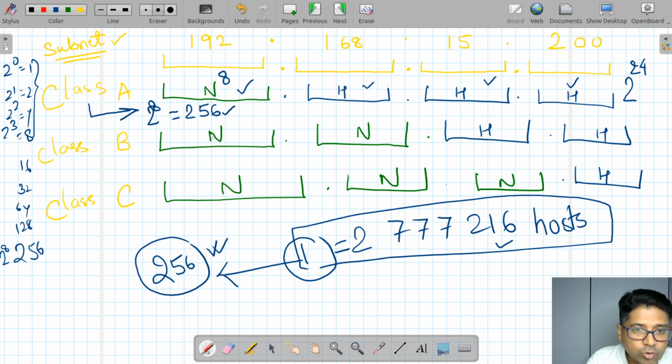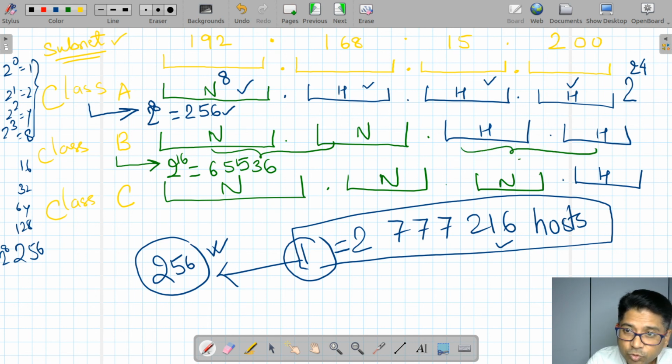Now next, they are telling about class B. They have network bits, so how many networks? 2 to the power 16. What is the number? Do you remember? 65,536. This many networks. And in every network, how many hosts? 2 to the power 16, the same number, 65,536.